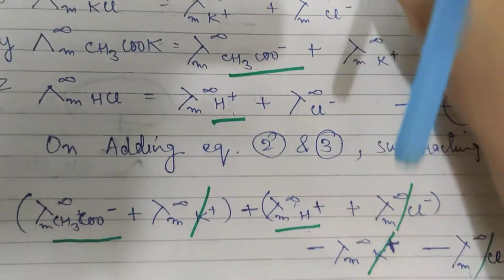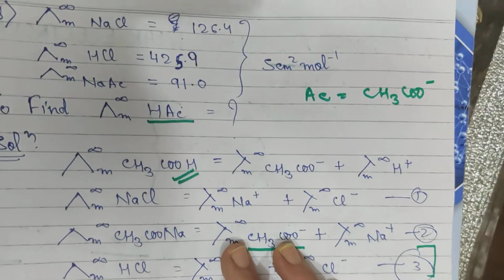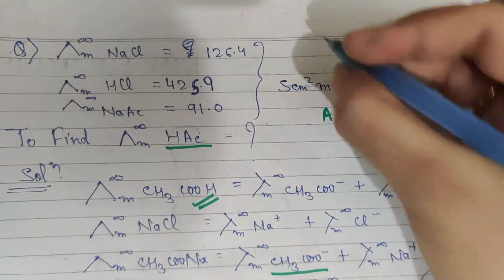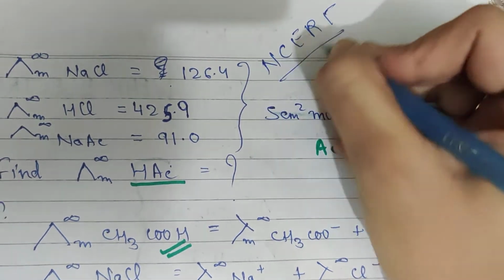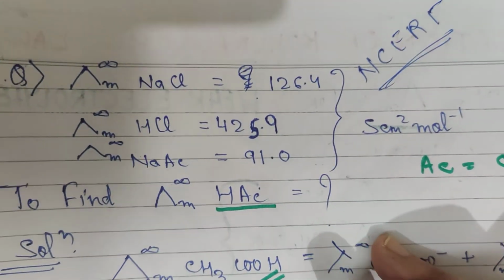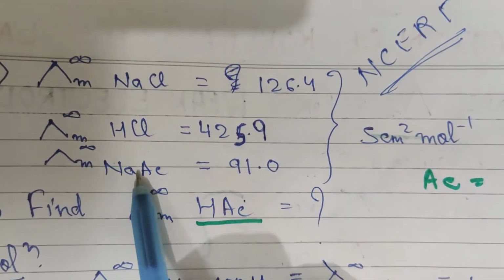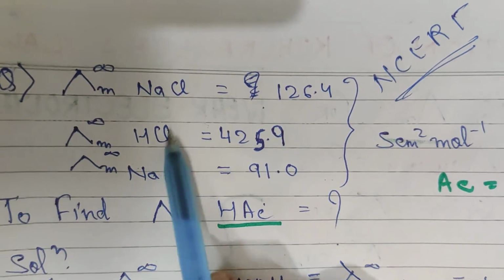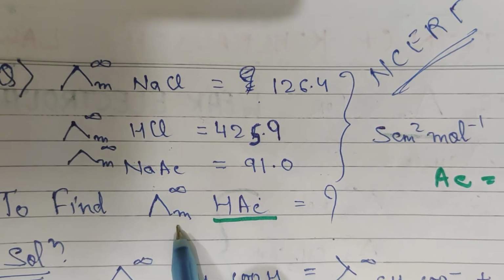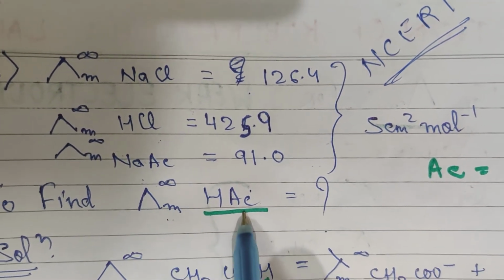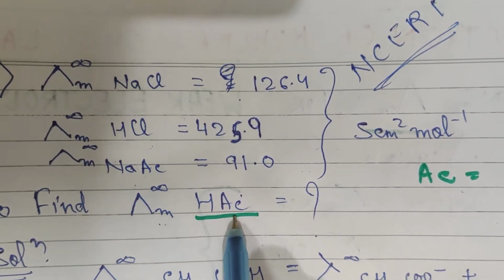Now to understand it better, I have taken another example with values. So this is an example from your NCERT book. In this question, limiting molar conductivity values of NaCl, HCl and sodium acetate are given, and you have to find out the limiting molar conductivity of HAc, that is acetic acid.